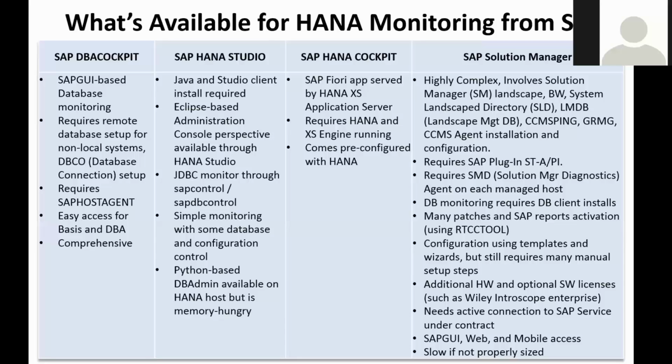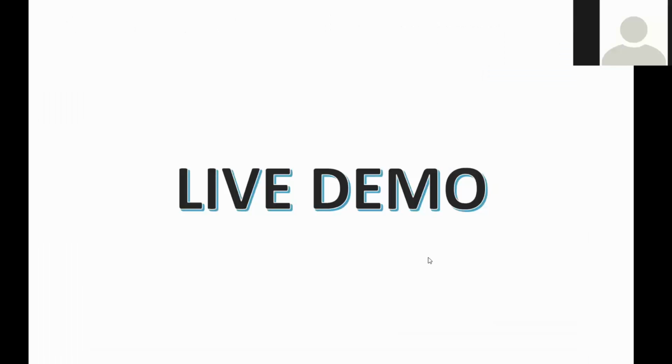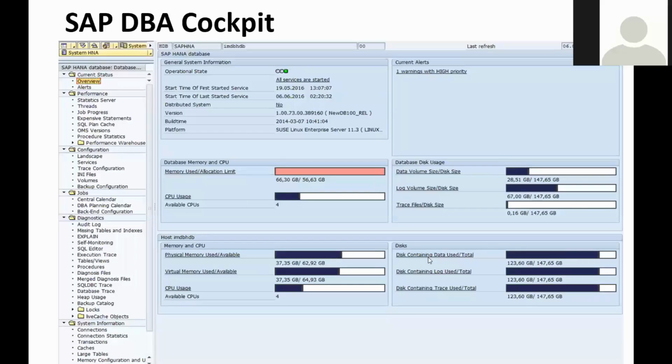In order to reduce the noise coming into central monitoring, they've probably aggregated too much, in our opinion. And it also requires a lot of updates in order to keep the environment going. So those are some of the SAP tools. I want to look at the actual tools themselves at this point.